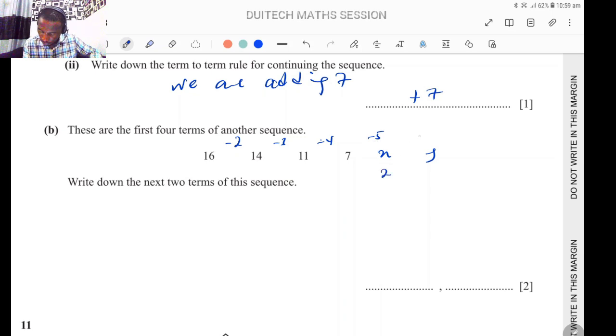And 2 minus 6 gives me minus 4. So the 2 missing terms are 2 and minus 4.